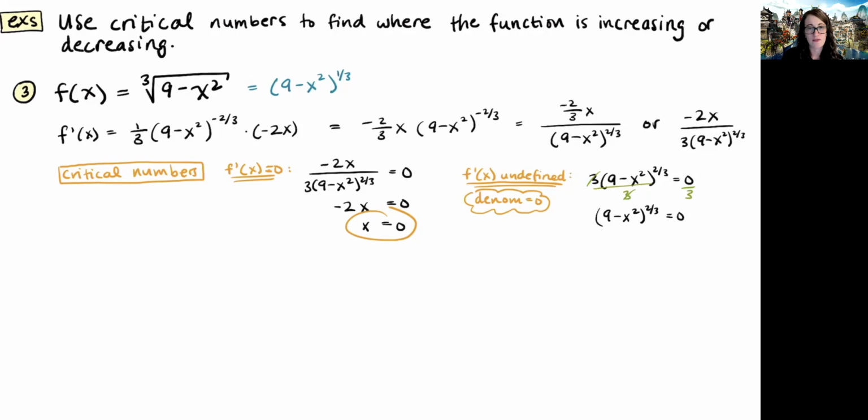To get rid of that, we could raise to the 3/2 power, because when we raise a power to a power, we end up multiplying those powers. And if we multiply 2/3 by 3/2, we get 6 over 6, and that's just 1. So these essentially cancel out. And on the right-hand side, that's still just 0.